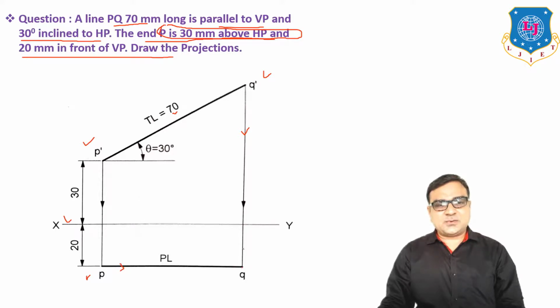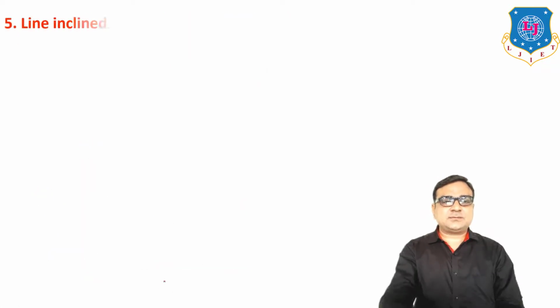The intersection point is Q because our line is parallel to the vertical plane. When you observe the front view, our XY line represents the horizontal plane, and for the top view, this XY line represents the vertical plane. So here the front view is true length and the top view is less than true length.